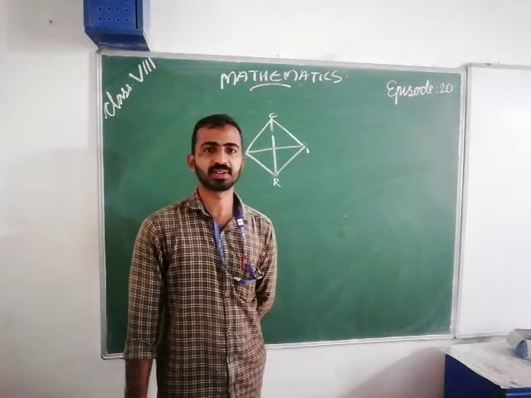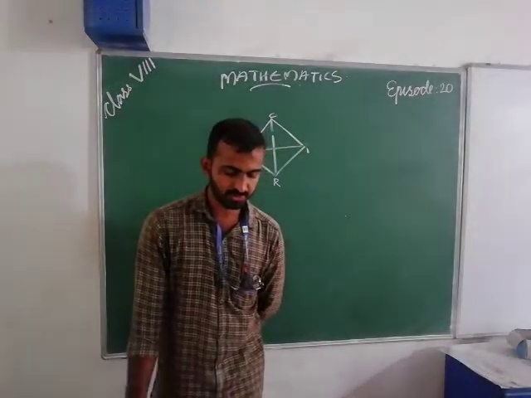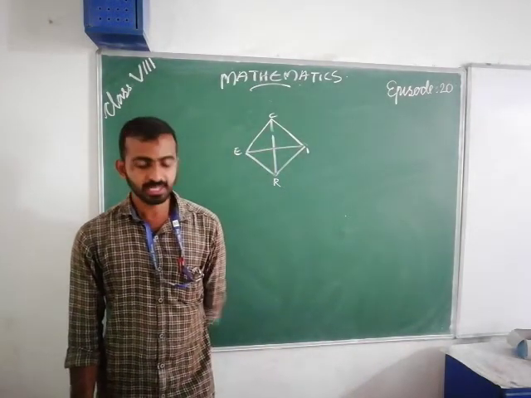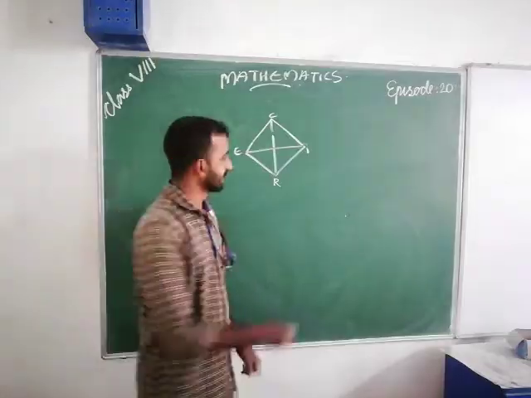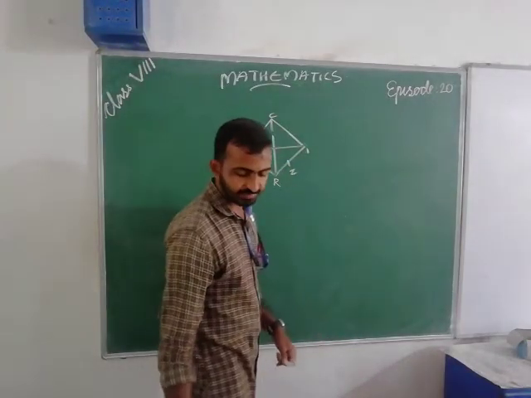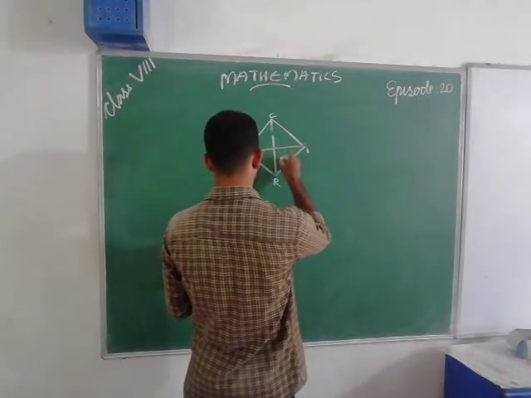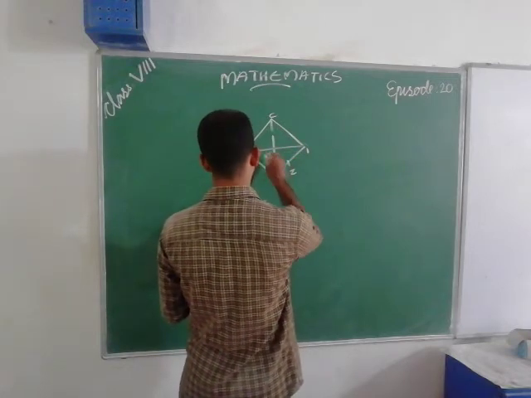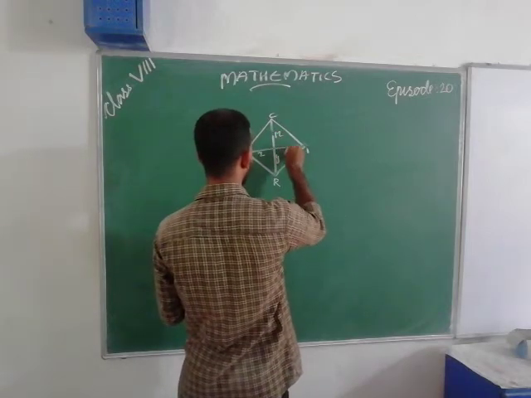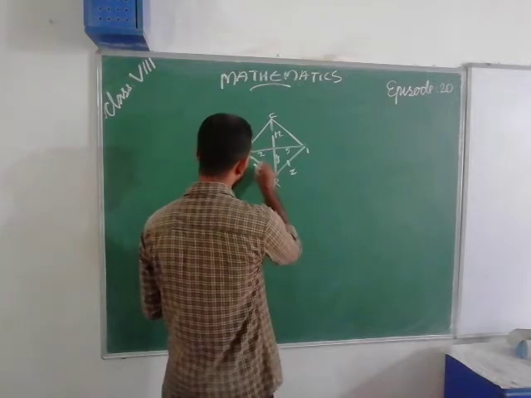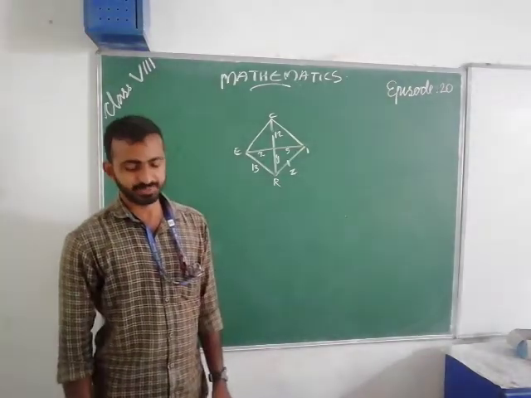Justify your answer. Here, this is z, this is y, and this is x. This is 12, this is 5, and this is 13. That is what we want to find.